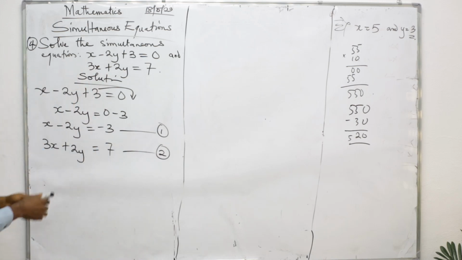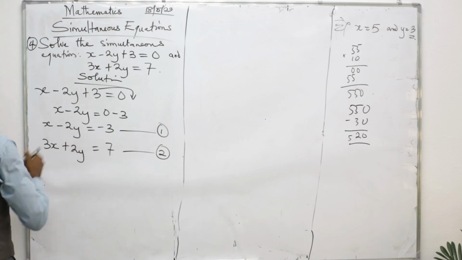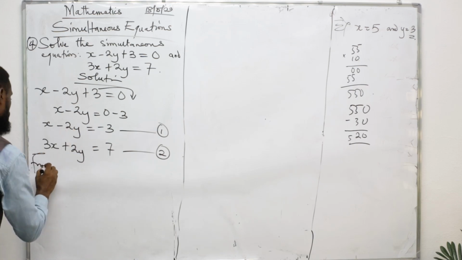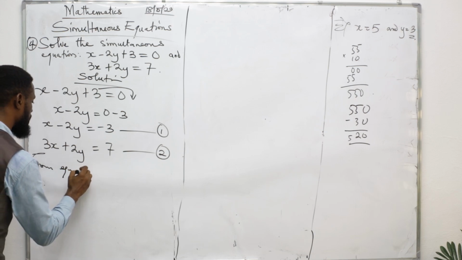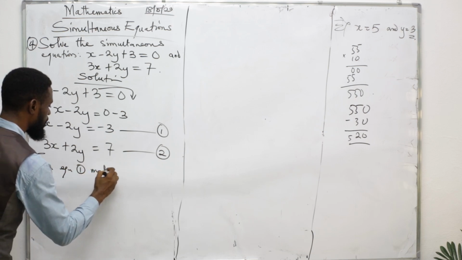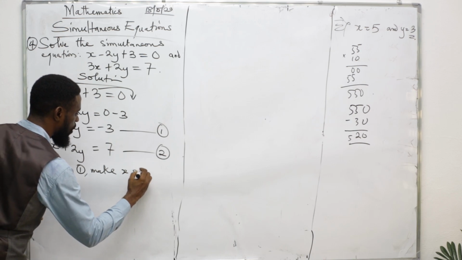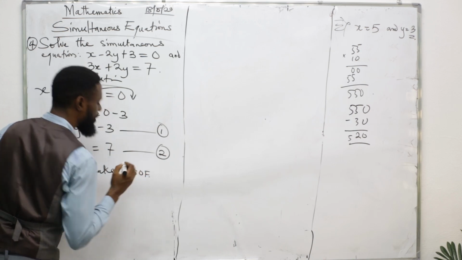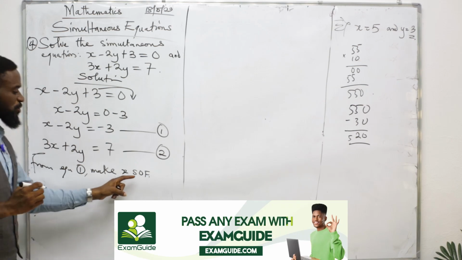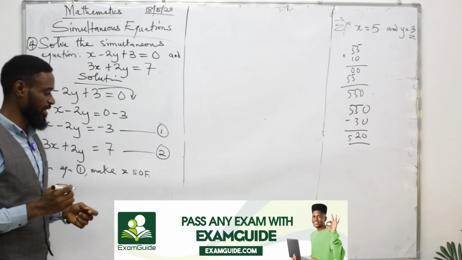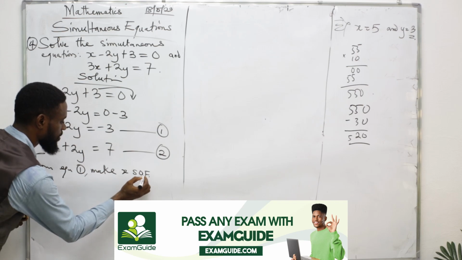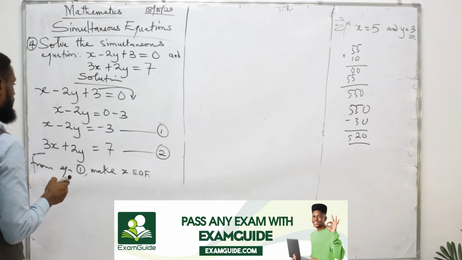So simple. From equation 1, make x the subject. So from equation 1, make x the subject of formula. Permit me to use SOF for subject of formula, just to save time.